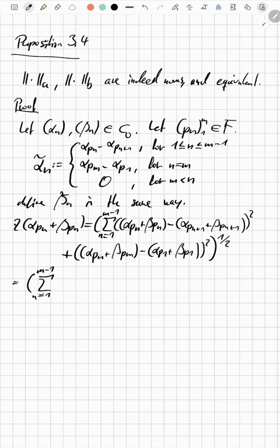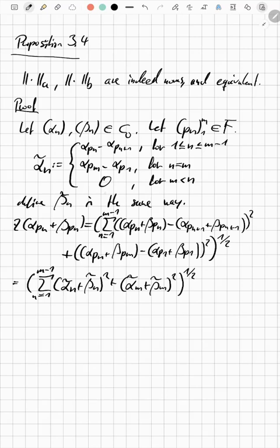This is the sum from 1 to m minus 1 of (alpha tilde n plus beta tilde n) squared plus (alpha m tilde plus beta m tilde) squared, and that all in the square root.